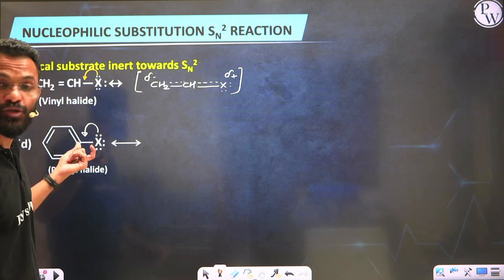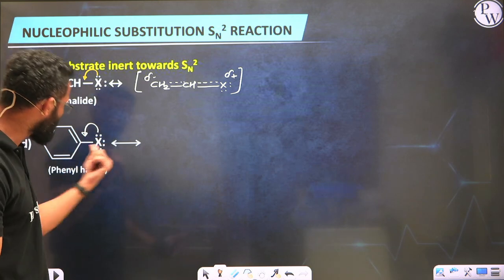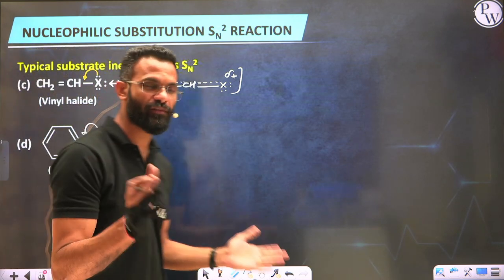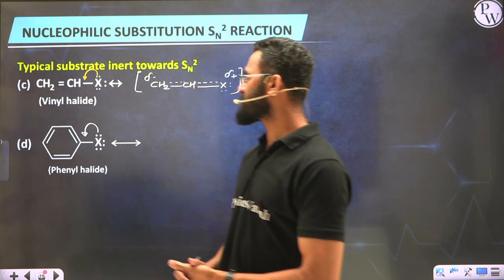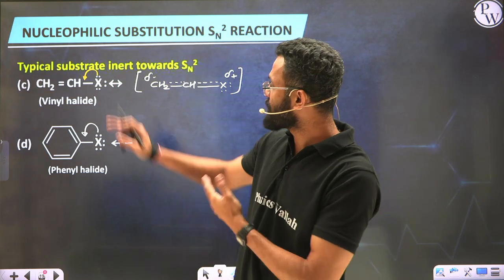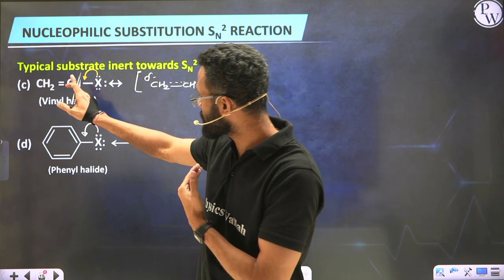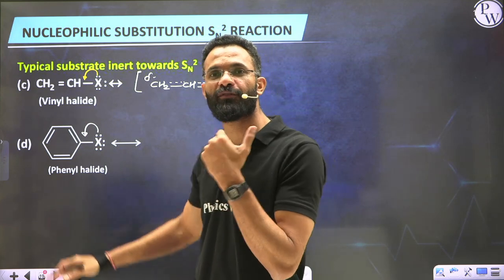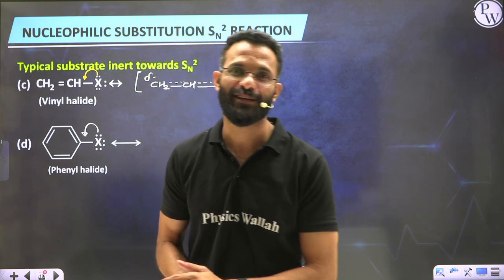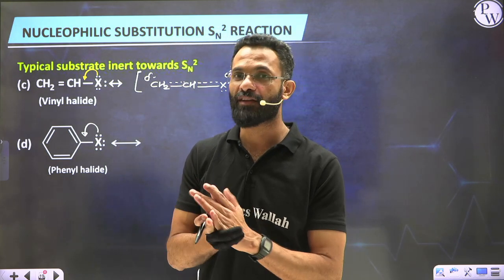The shorter the bond length, the stronger the bond is. Hence poorer would be the leaving group, which will not favor SN2. Hence, due to development of partial pi bond character between the halogen and the vinylic and phenylic carbon atom, SN2 type of reaction won't take place in the case of vinyl and phenyl halide.